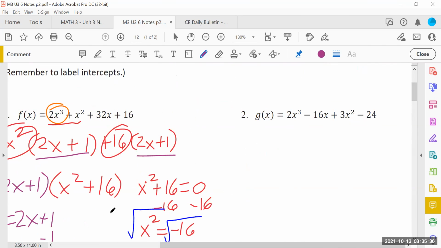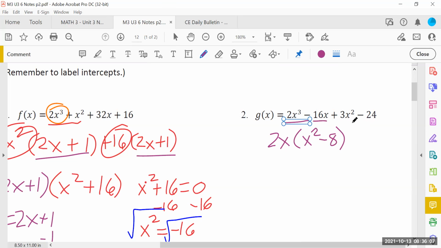So let's try another one. Number 2. We see 4 terms. That's weird. They put the terms out of order. Let's try factoring by grouping still. Let's see if it works. 2x cubed minus 16x. Well, looks like I can take a 2 and an x out of both of those. So 2x times x squared minus 8. 3x squared minus 24.